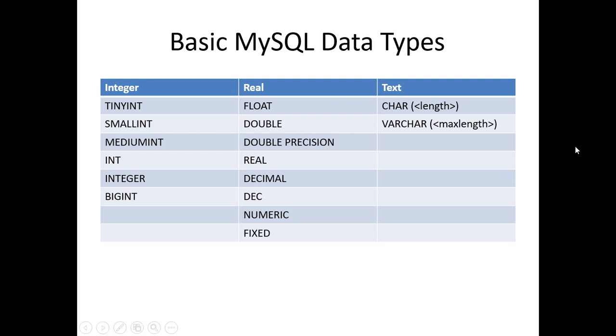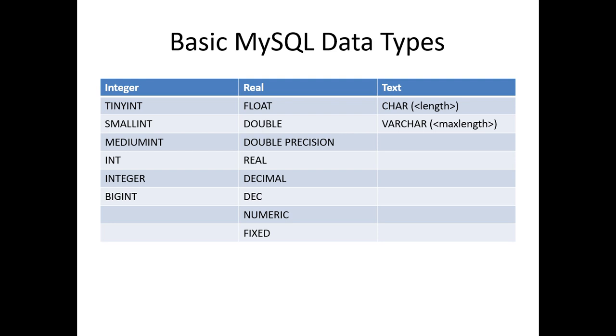If you have more text to save, you can use text, medium text, or small text. If you have a lot of text, like paragraphs, two or three pages, you have to use text so it can hold a lot.